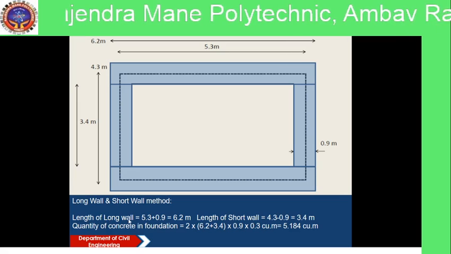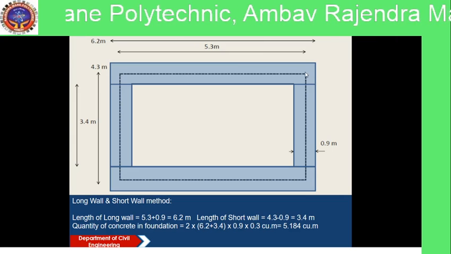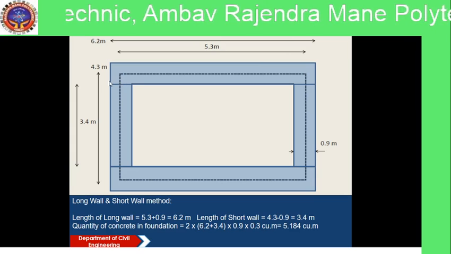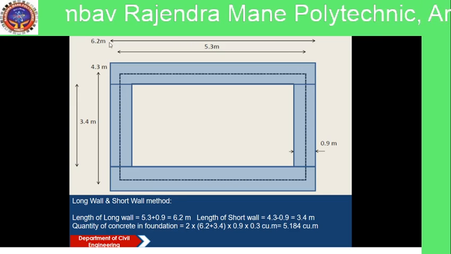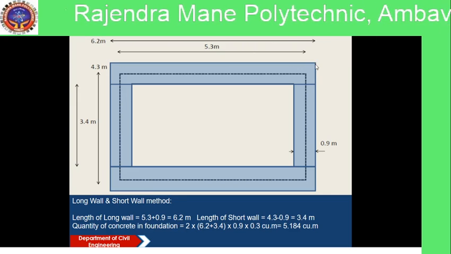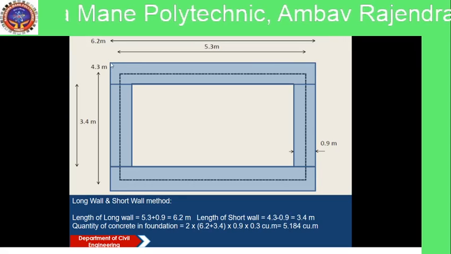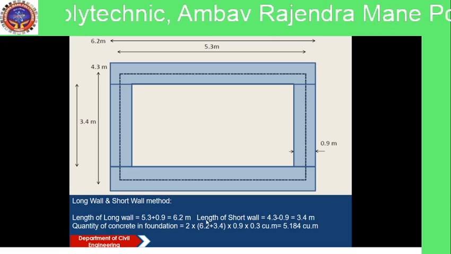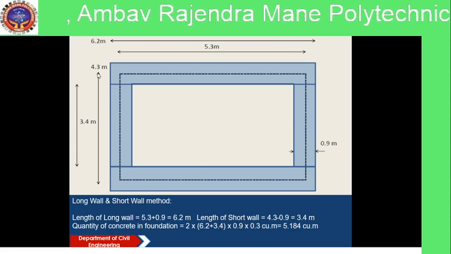Length of long wall is equal to 5.3 center to center length plus single width 0.9, equal to 6.2, from this to there.